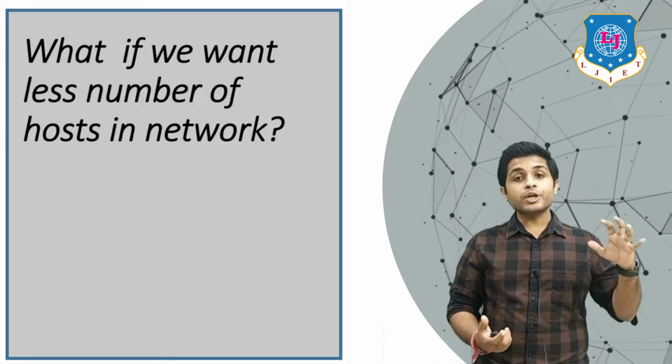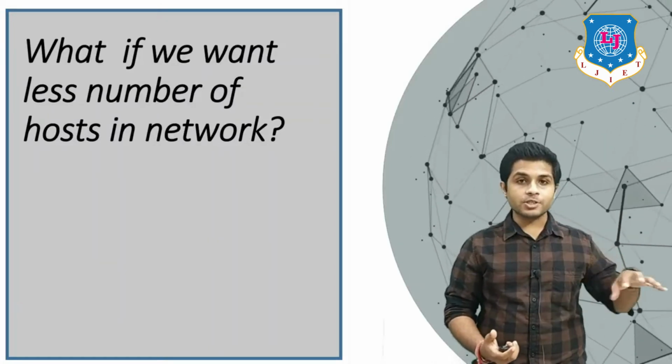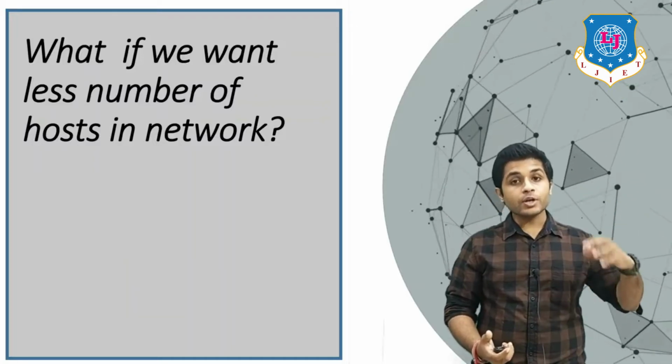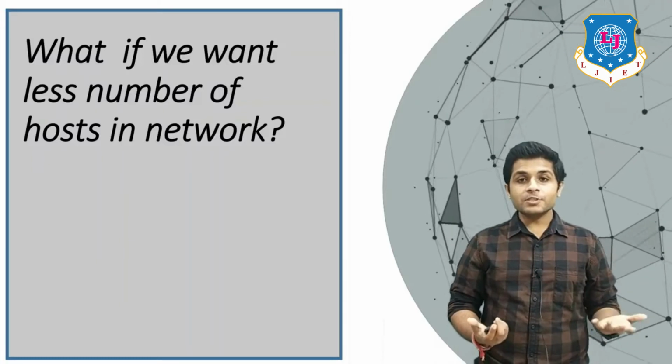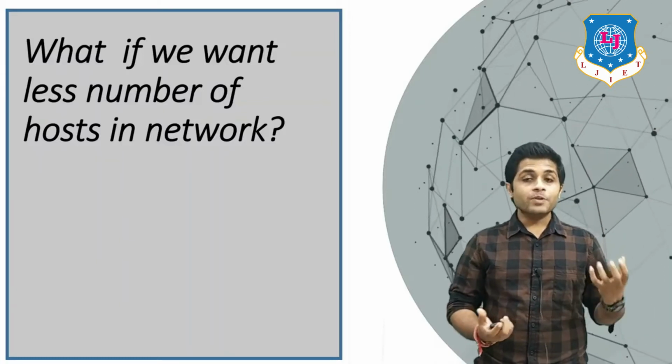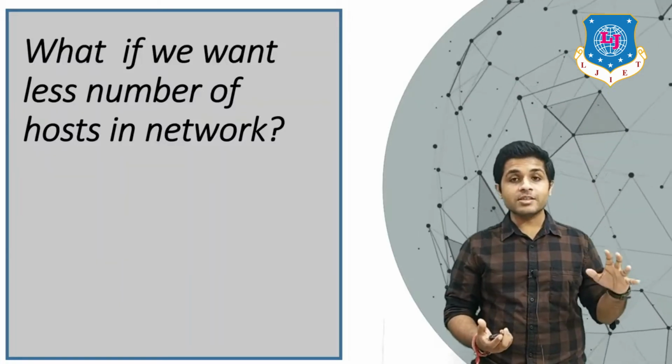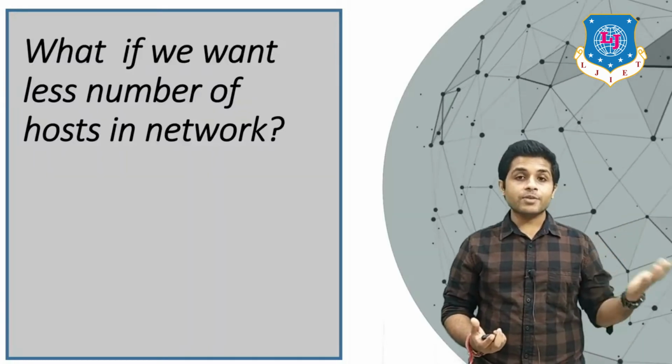We just discussed that in class B, there are 2 raised to 16 individual networks possible, and in one network 2 raised to 16 devices can be connected. But suppose I want to create a network which has fewer devices than the allocated number.